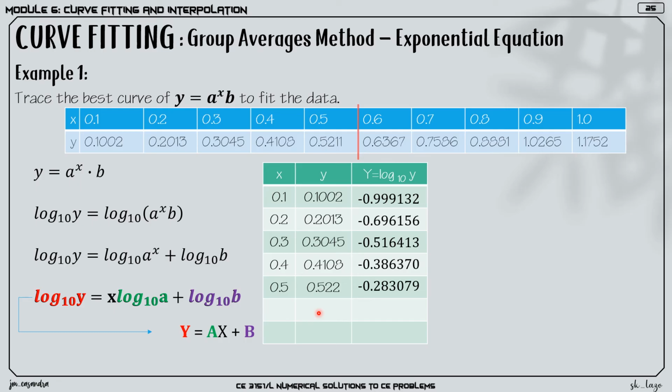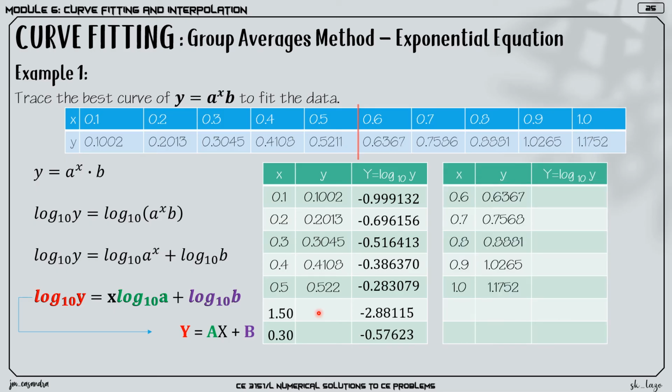From here, we get the sum of our values. For x, the sum is 1.5 and its average is 0.3. The sum of the modified y is negative 2.88115 and its average is negative 0.57623.